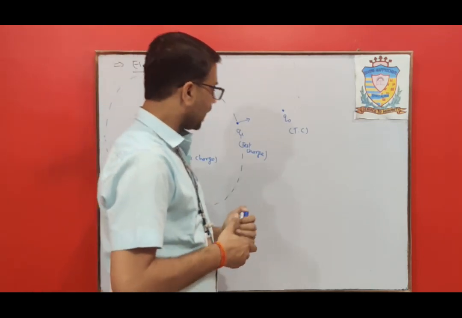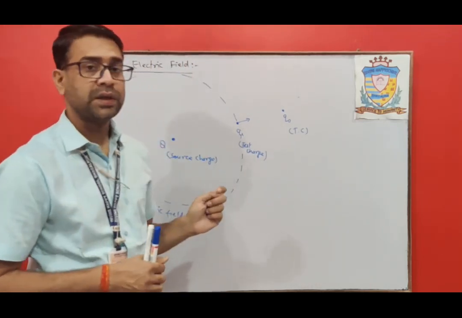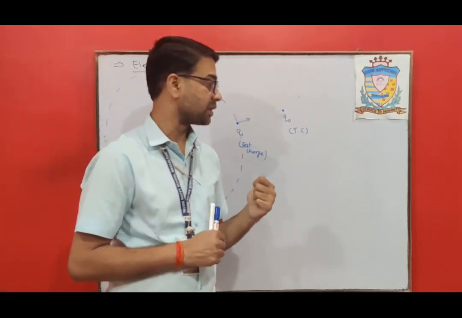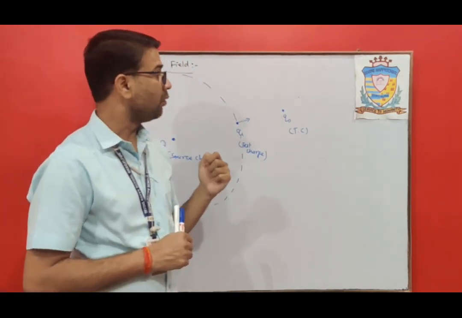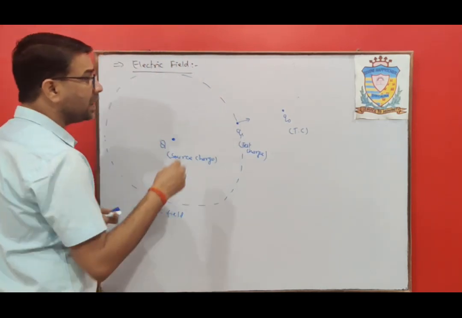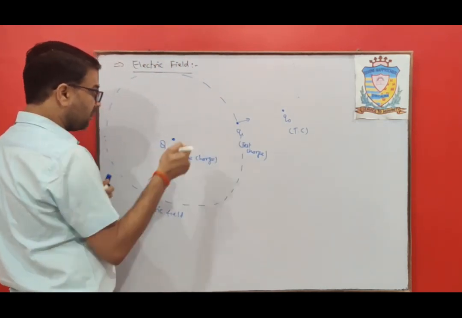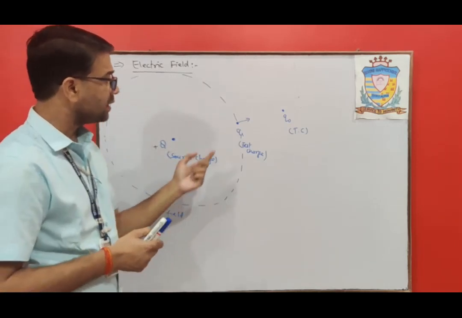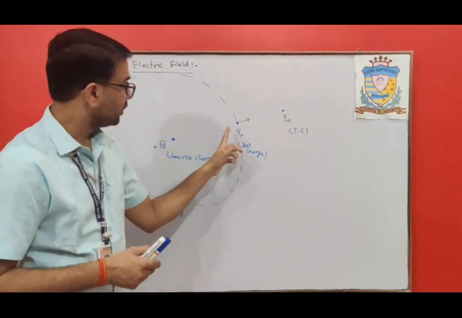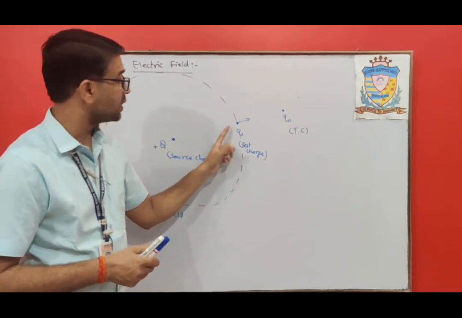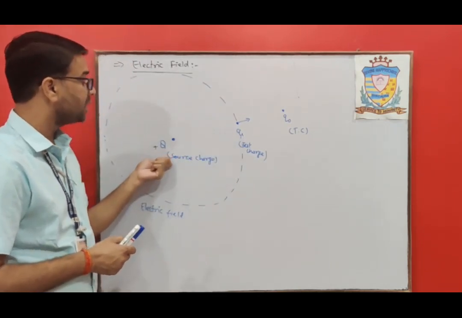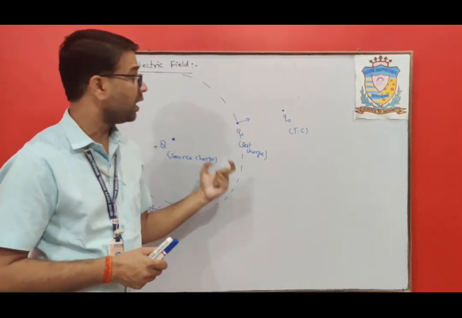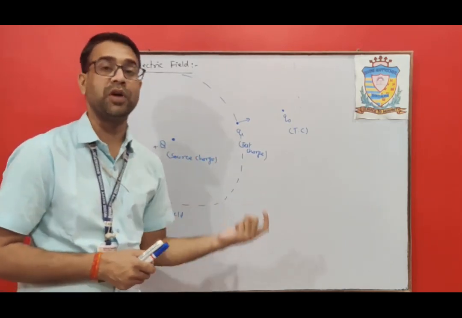Now, as we know, every object has some force of attraction due to its mass, according to gravitational force. So if we put a negative charge over here and this charge is positive, what will happen? The negative charge will be attracted towards it, but we cannot define whether it is attracted by the electrostatic force or the gravitational force.